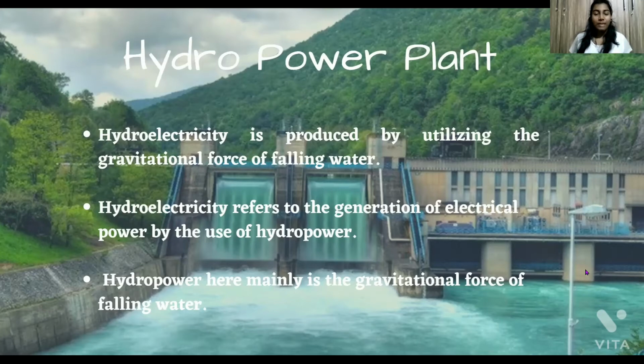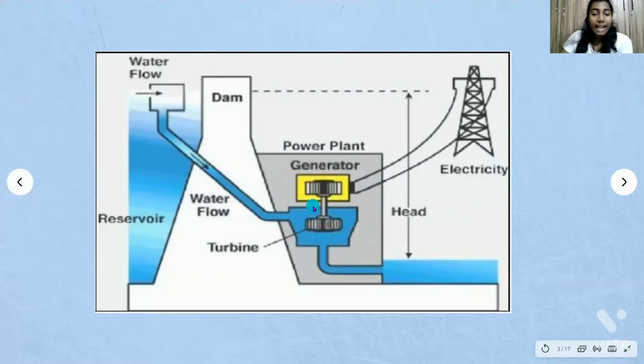Hydropower plant. In this power plant, a huge amount of water is taken and converted into electricity. The electricity that has been converted is called hydel energy or hydroelectricity. So now let's look at the process of conversion of electricity. Hydel energy is basically produced by utilizing the kinetic energy of flowing water. Huge dams are built over a source of water.